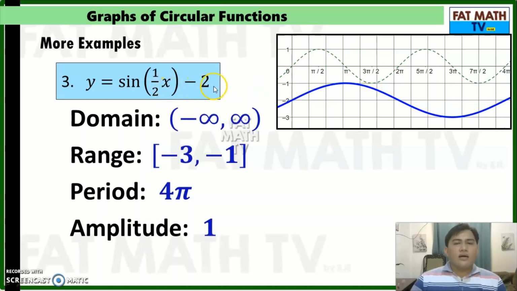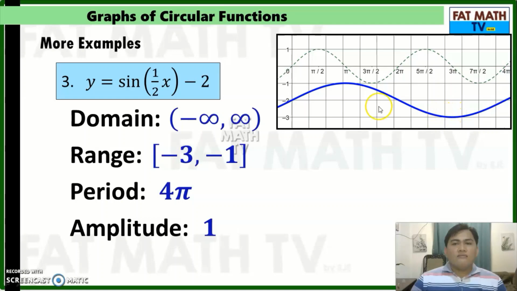Because there's also a change in the period. So the period is going to be 2 pi over 1/2. That is 4 pi. And then the range, instead of -1 to 1, it's going to be -3 here.